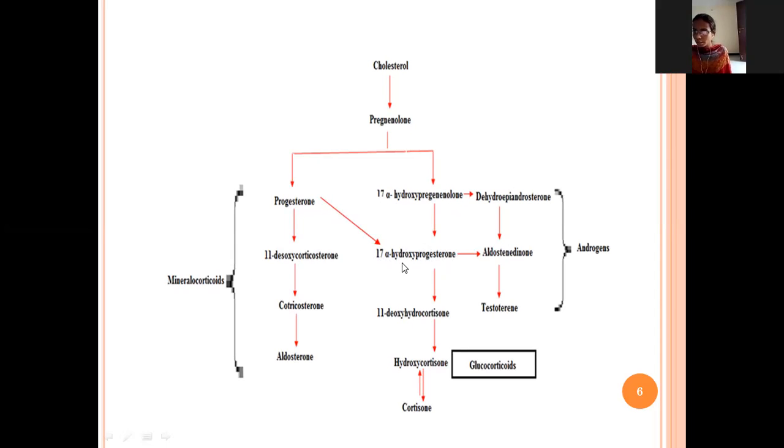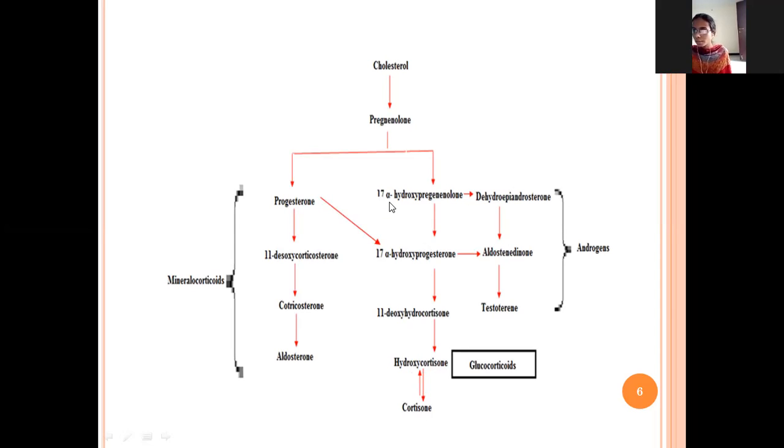This 17 alpha hydroxyprogesterone is converted into 11 deoxyhydrocortisone. From 11 deoxyhydrocortisone it is converted to hydroxycortisone, and this is reversibly converted to cortisone.